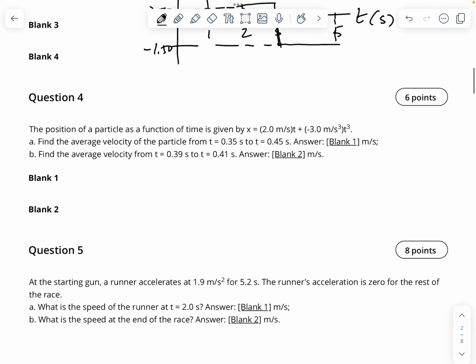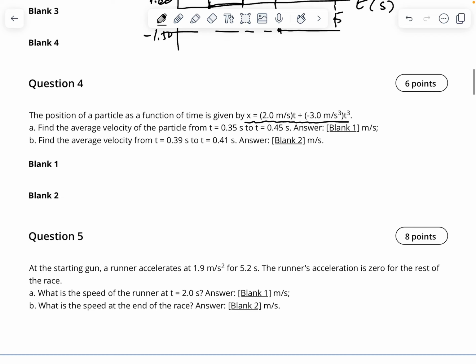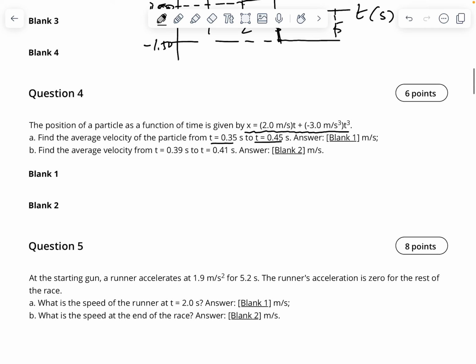The position of a particle as a function of time is given by, okay, so here, instead of giving you a graph, they give you a function. Find the average velocity of the particle between this time and that time. All right. So first, average velocity equals final position minus initial position divided by final time minus initial time, right?